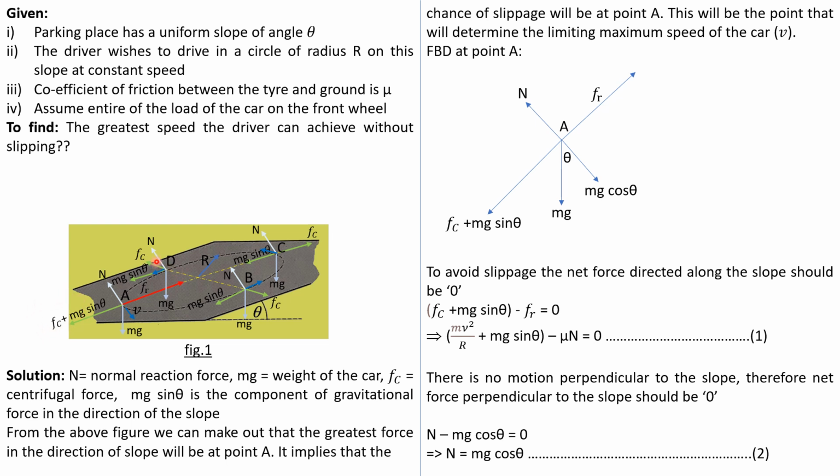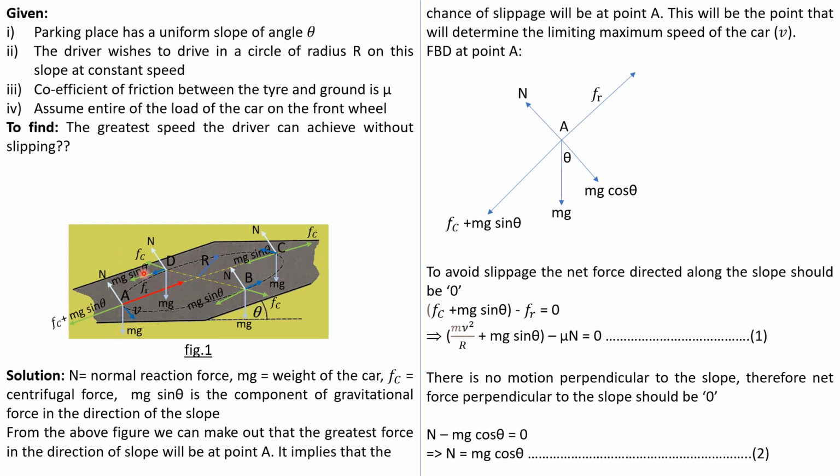At other places like B, it is not only mg sine theta working in this direction. Here also mg sine theta is working along the slope.